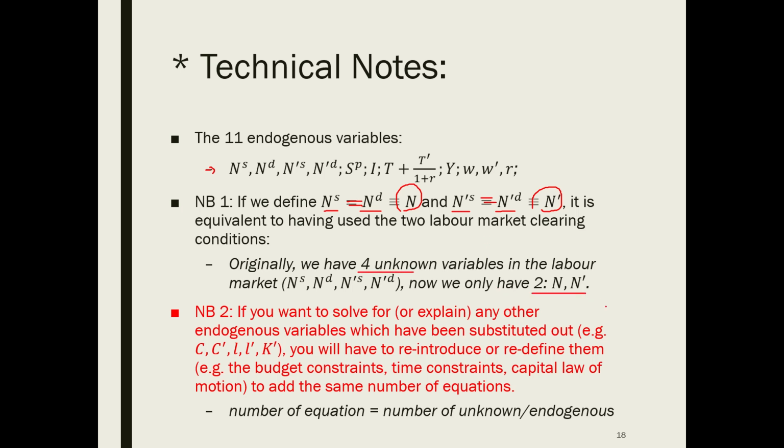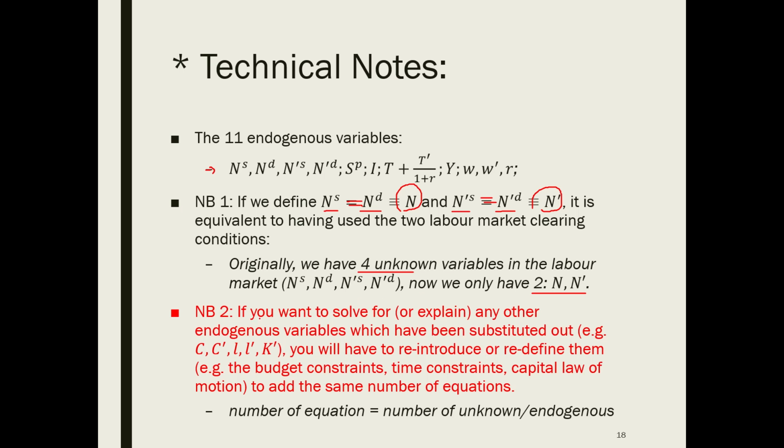This is to tell you that if you use one equation, you must substitute out one unknown. If you use 2 conditions, you must substitute out 2 unknowns. This is the algebraic logic underlying equation solving.